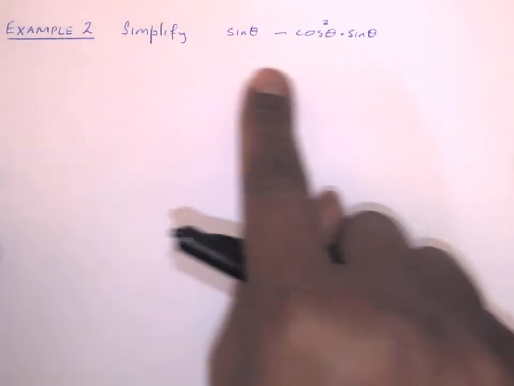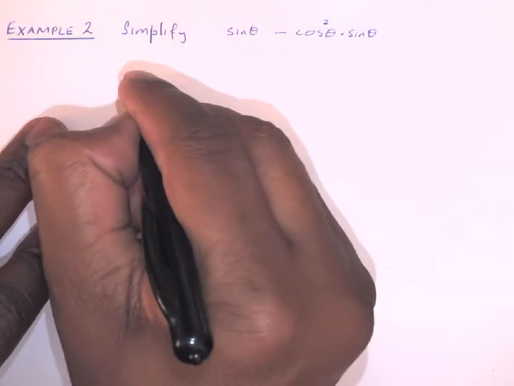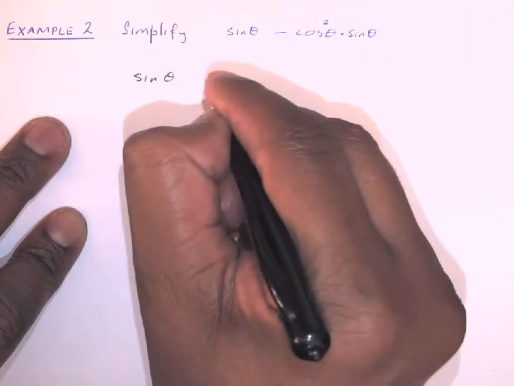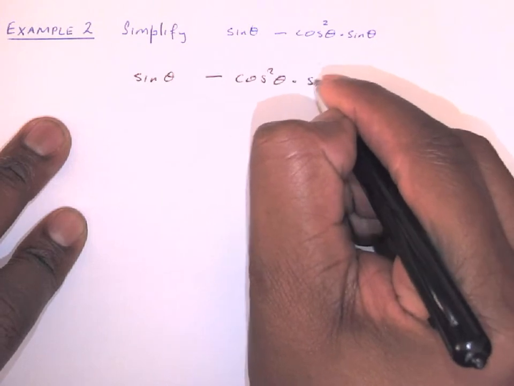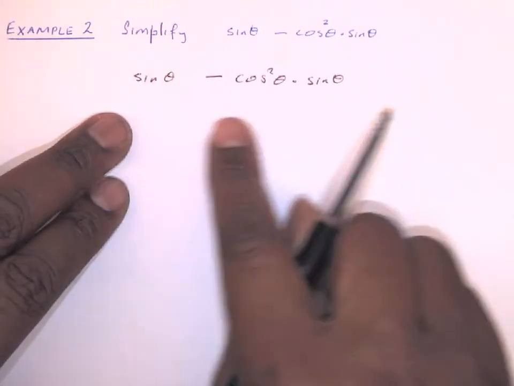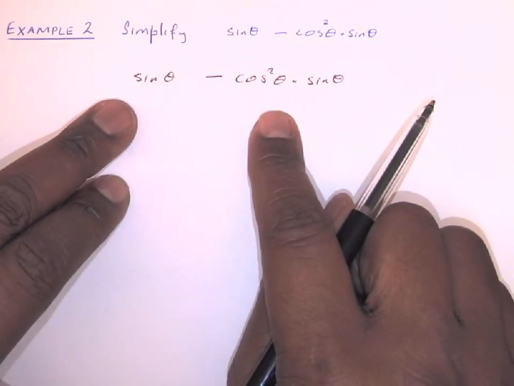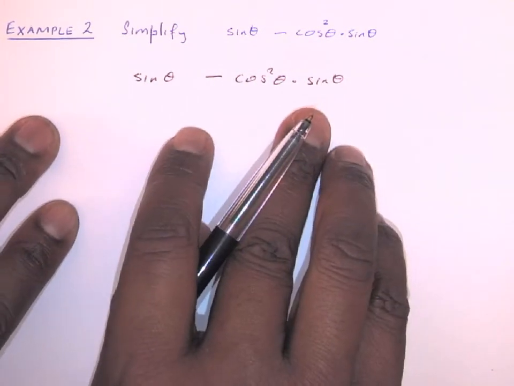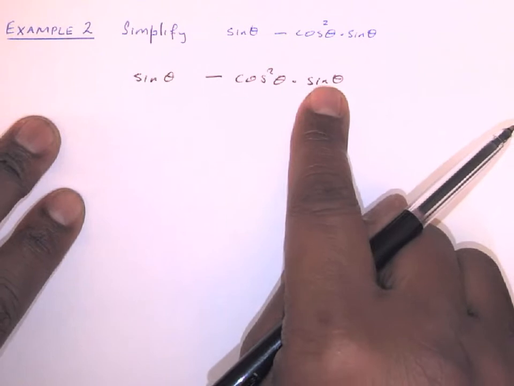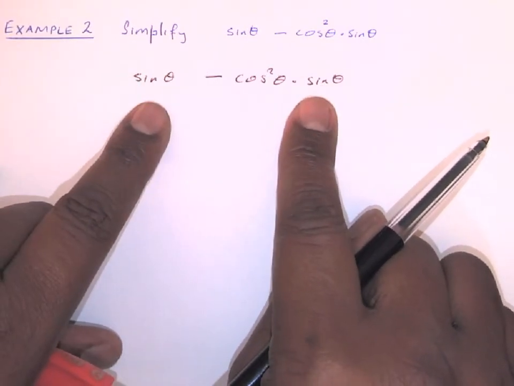Let's look at another example. Let's say they want us to simplify this. Let us rewrite this. So I've got sine theta minus cos squared theta times sine theta. It is always important that you know how to use your basic algebra in simplifying expressions. If you look here, I've got two terms. There's a common factor between the two terms, sine theta.